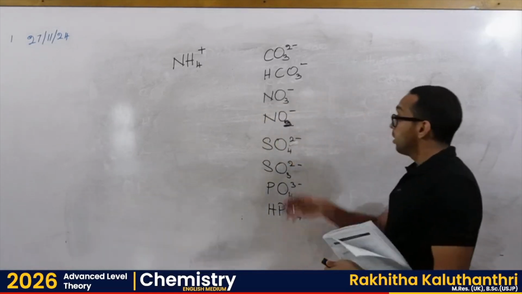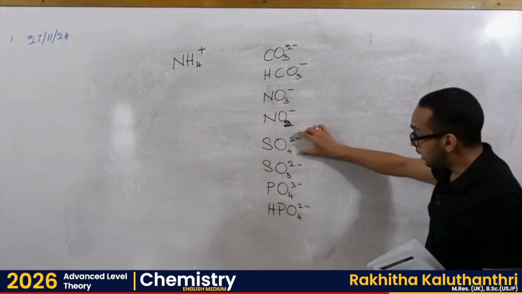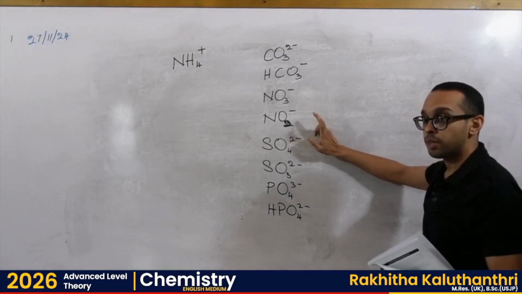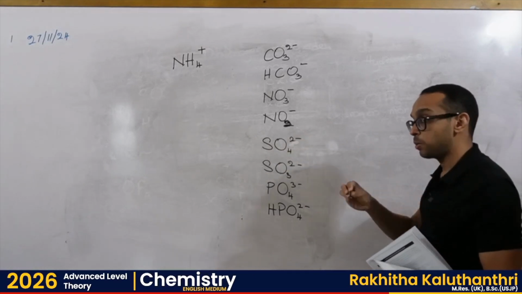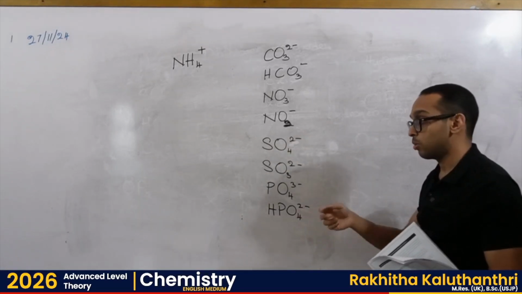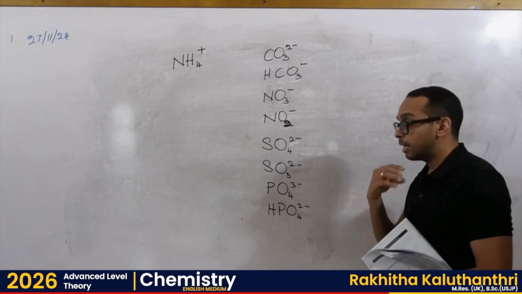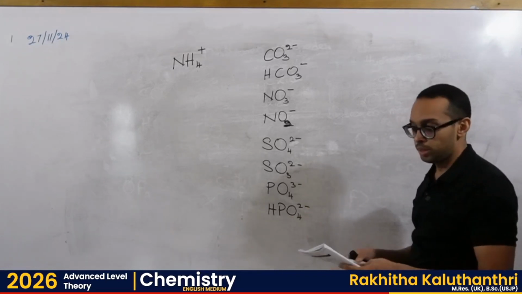So familiarize yourself with these ions and their charges, because if you don't know the charge, you can't write the formula. If you don't know how the formula looks, then calculating the concentration of ions or how many anions are present in a given compound will be a problem. So make sure to learn all of these names.